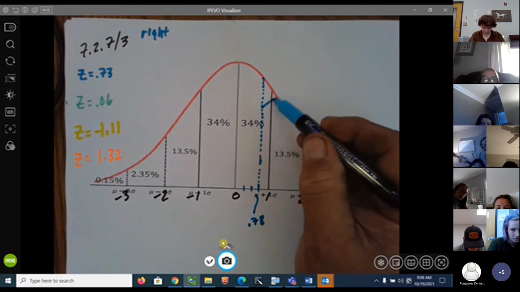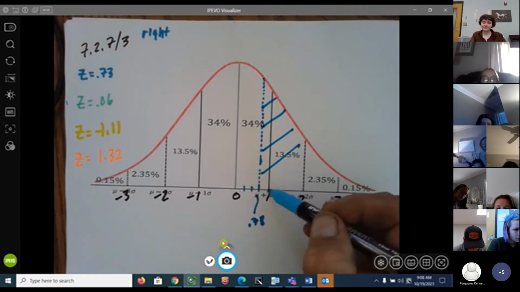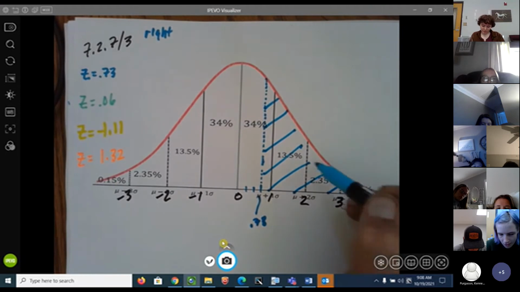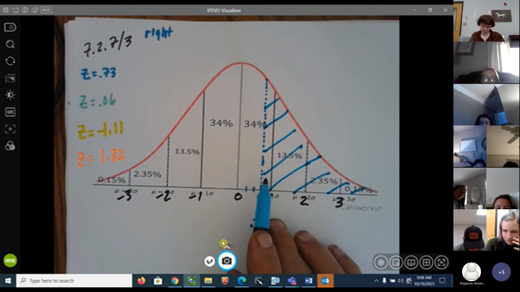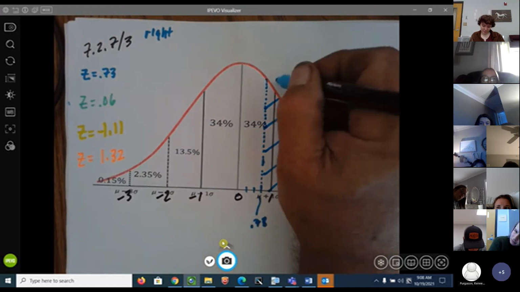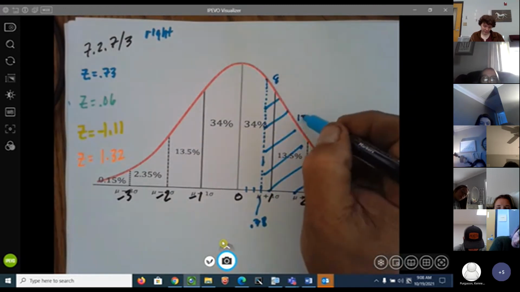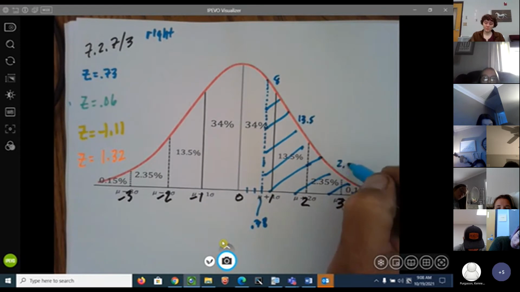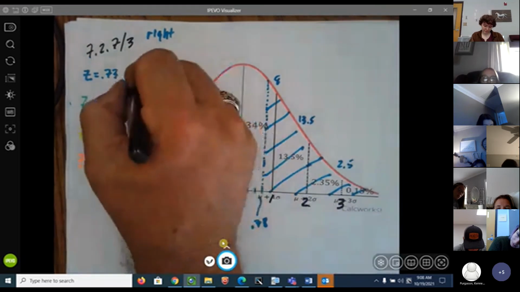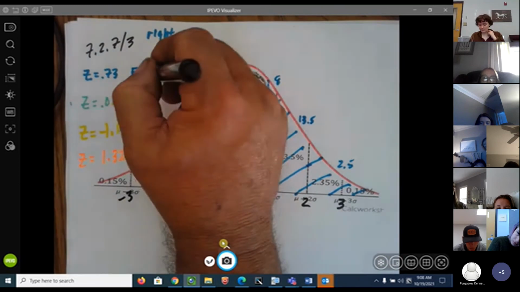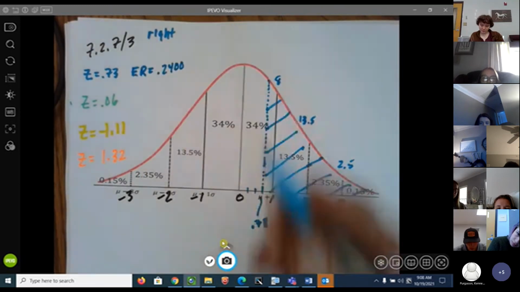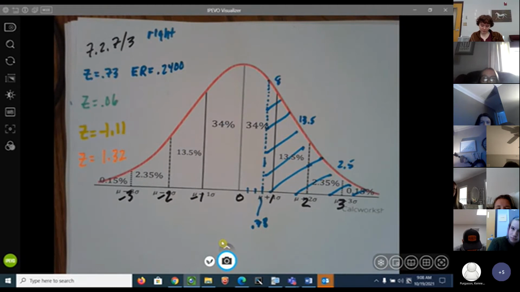And they want to know to the right. By the empirical rule, 34 divided by 4 is 8, so that's going to be 8 and 13.5 and 2.5. So by the empirical rule, 8 and 16 is 24. So we're going to say 0.2400 for the empirical rule.